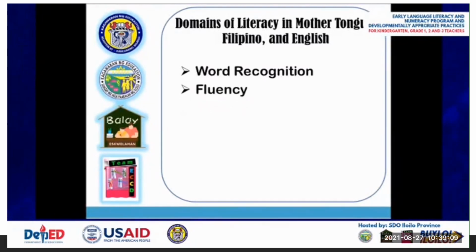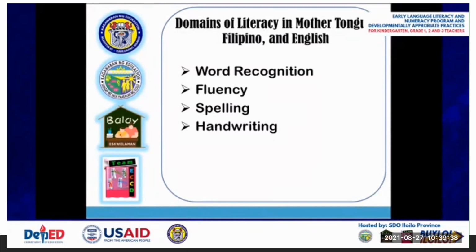Fluency. The learner demonstrates the ability to read grade-level words with sufficient accuracy, speed, and expression to support comprehension. Spelling. The learner spells words with two or more syllables using phonic, semantic, and morphemic knowledge.